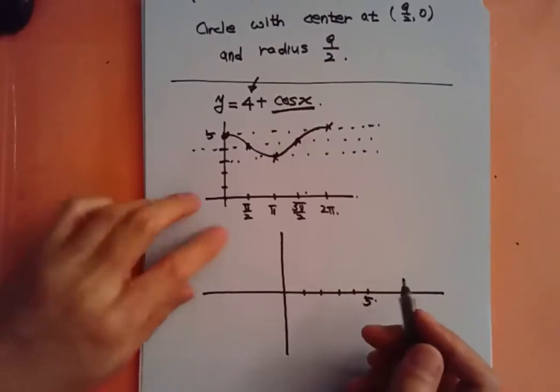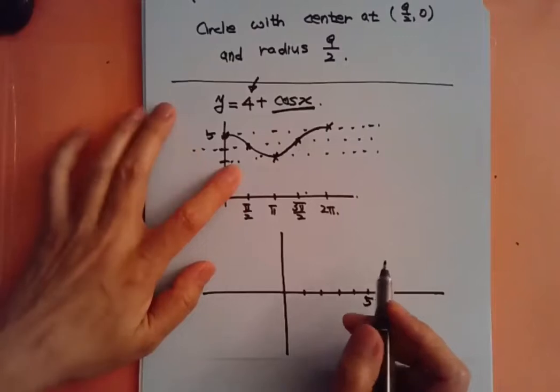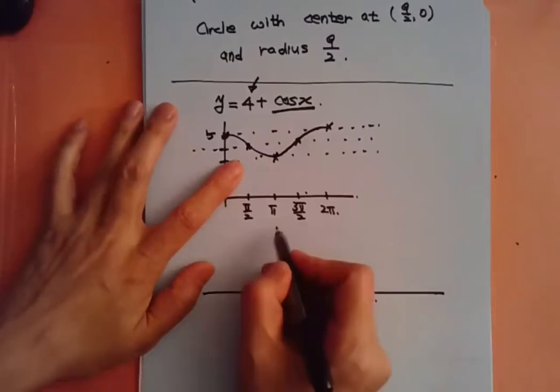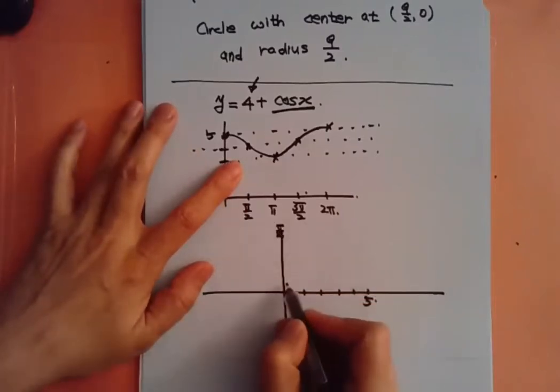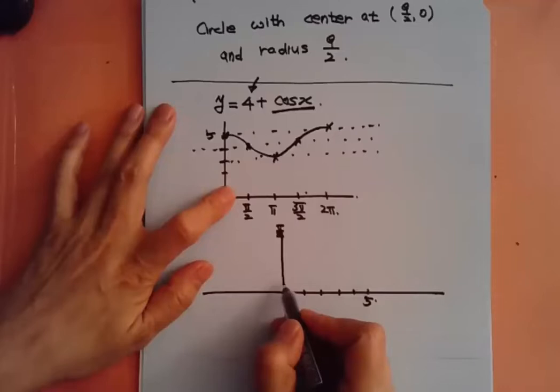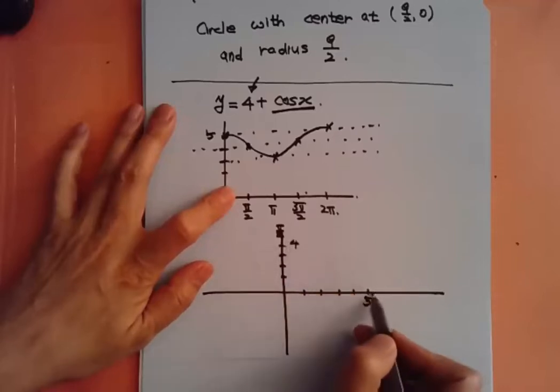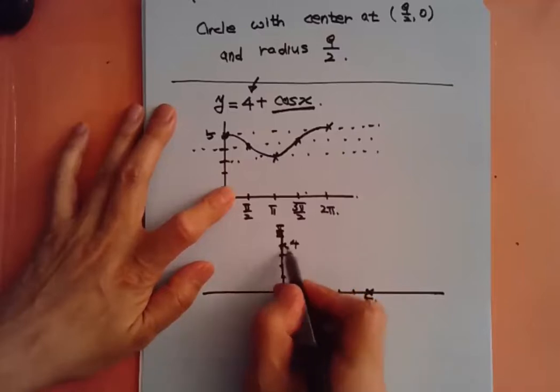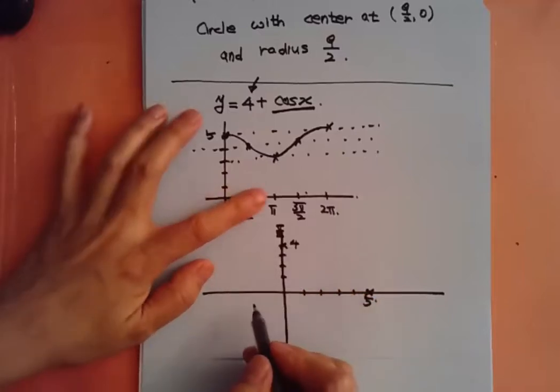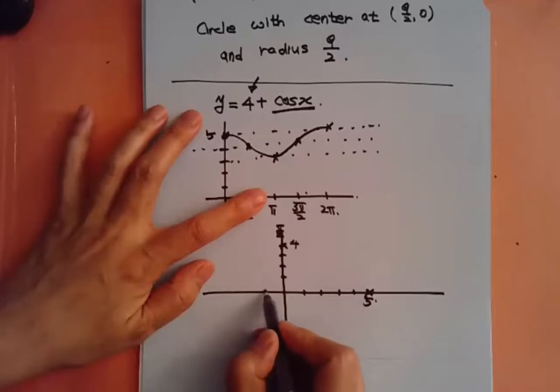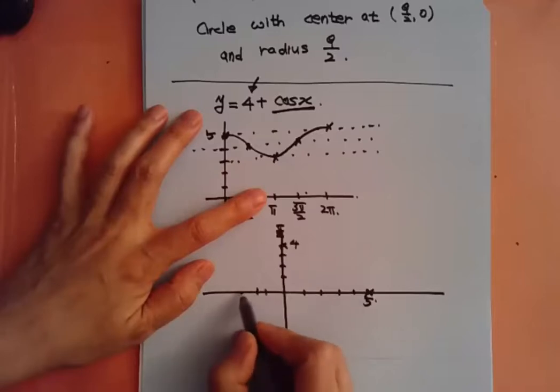And then when that is pi over 2, the angle is pi over 2, and the distance from the origin is 4. 1, 2, 3, 4. This is 4. And then when that becomes pi, the distance is 3.